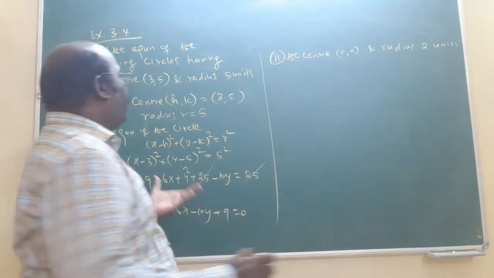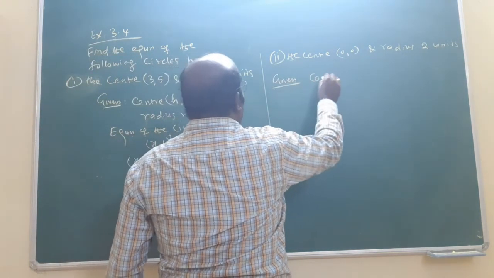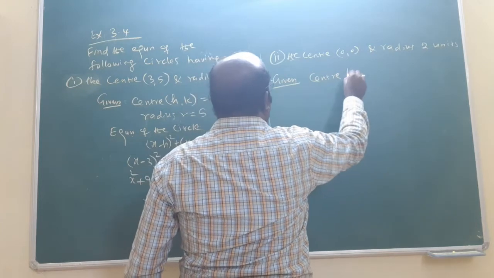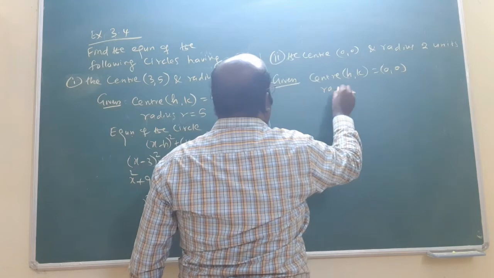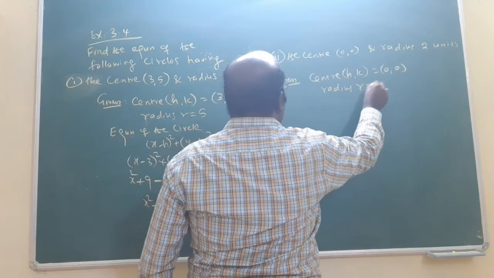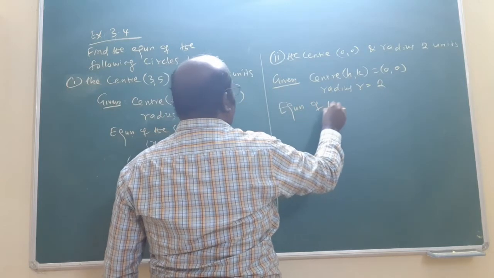Next question on the same method. What is given? Center (h, k) is (0, 0). Am I right? Radius r = 2. Now what is asked? Equation of the circle is asked.